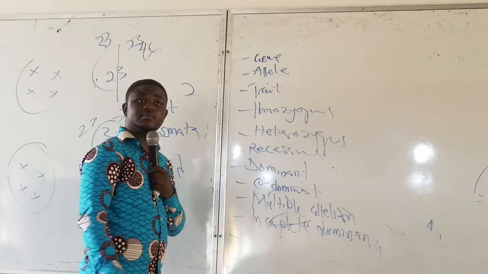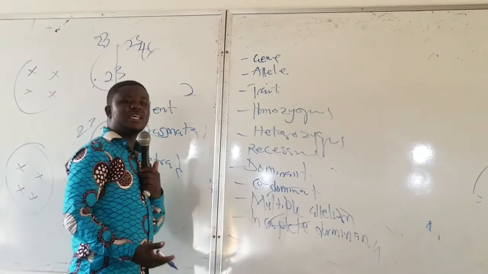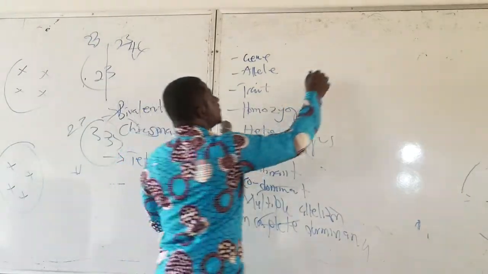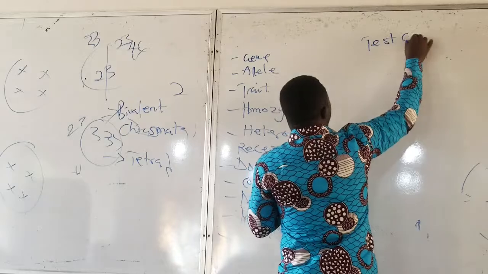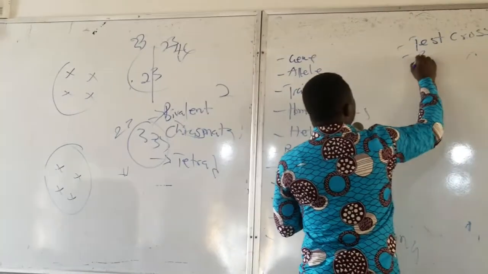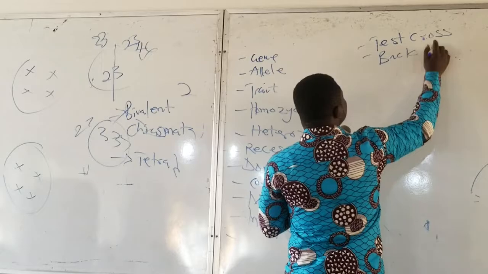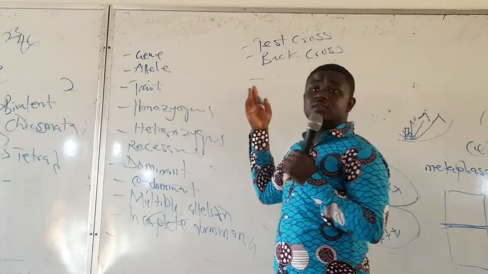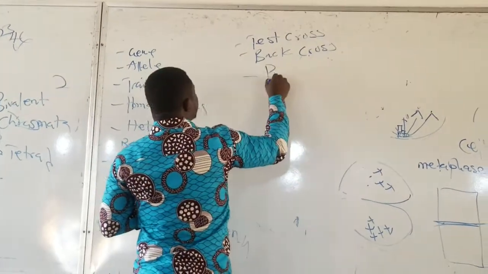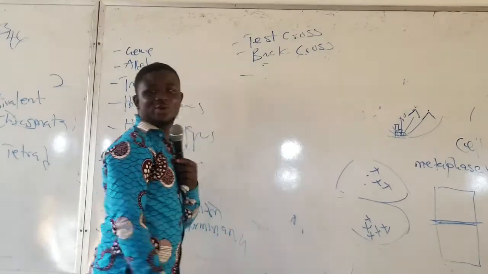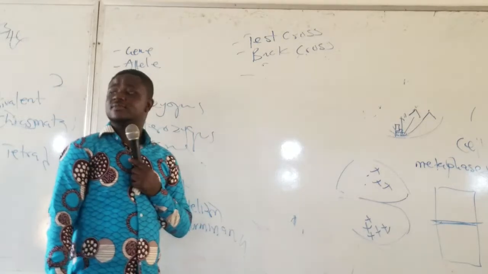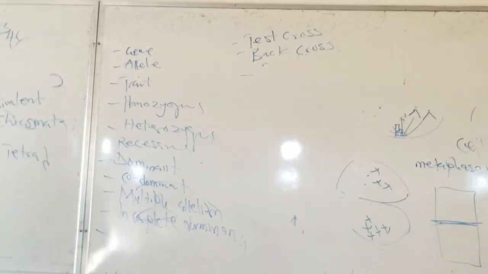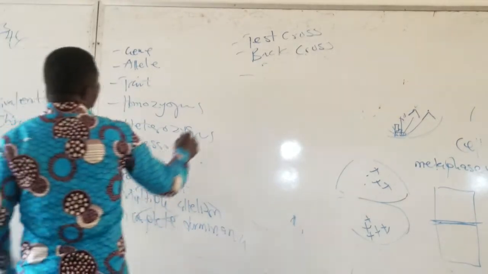What else? As many terms as possible that you want me to explain. Test cross, reciprocal cross, back cross. What else? Polyploidy. Explain those things. What else? True breed. Pure breed.